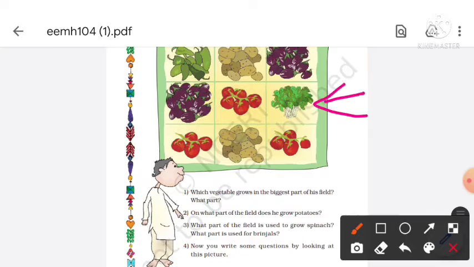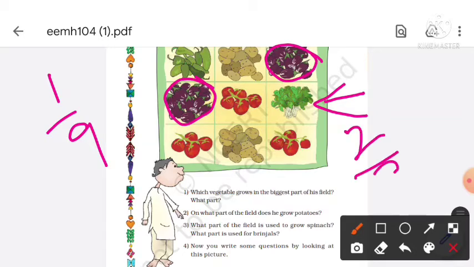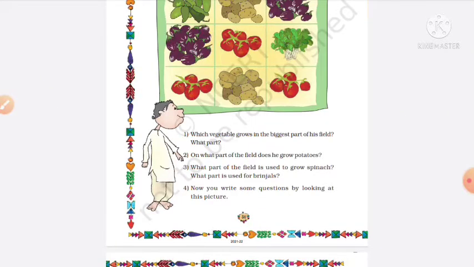So 1 by 9th part of his field contains spinach, and 2 parts here contain brinjals. So 2 by 9th part of his field contains brinjals. Now you can try to write some questions by looking at this figure.